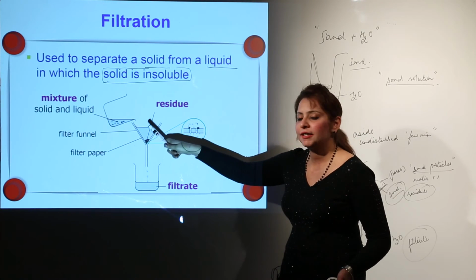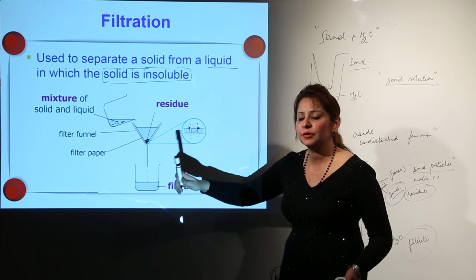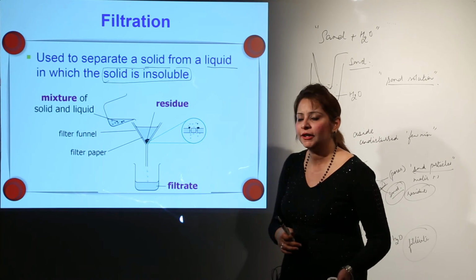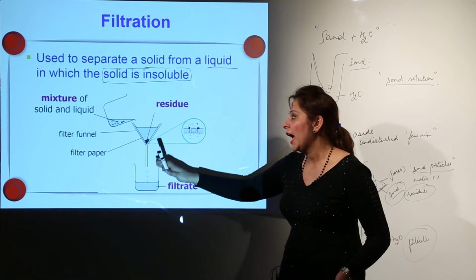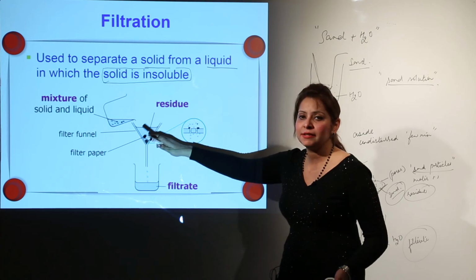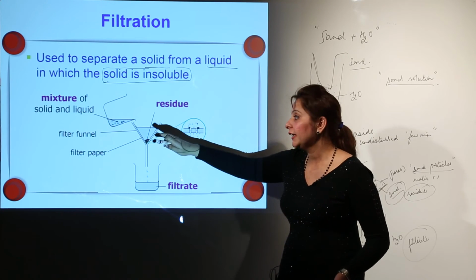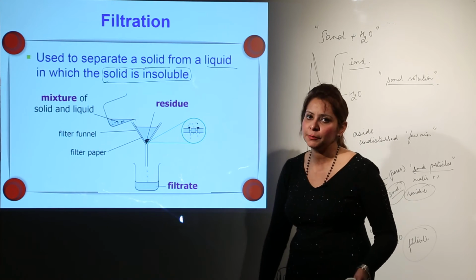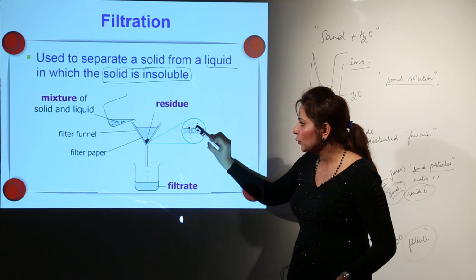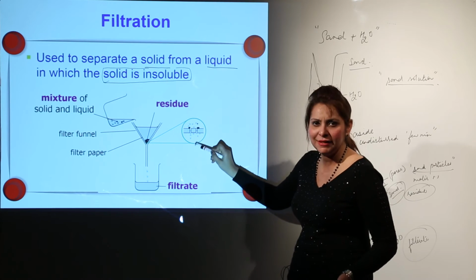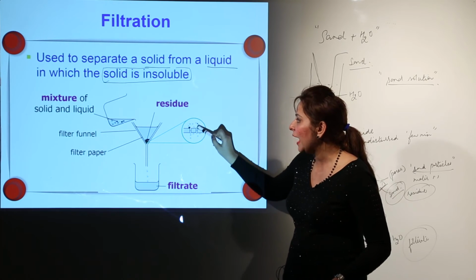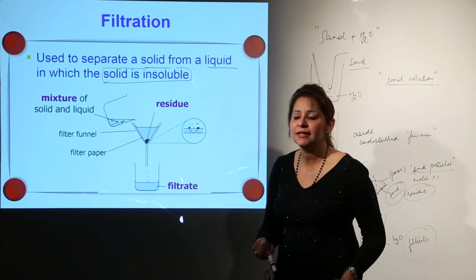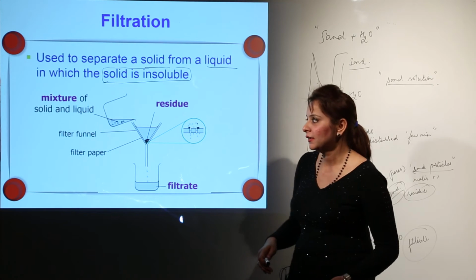It allows the smaller particles of liquid to pass through, and the larger size particles stay behind, because they cannot pass through the minute pores of the filter paper. So they just stick to it. These blue ones can pass, these are the water molecules, and these black ones cannot pass because they are bigger in size, so they stay behind, right.